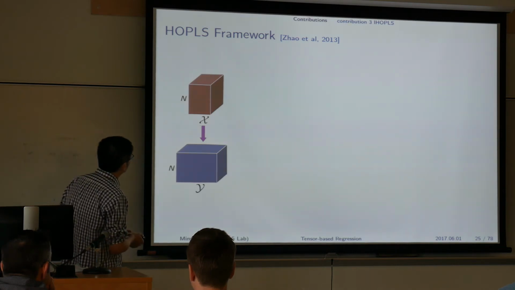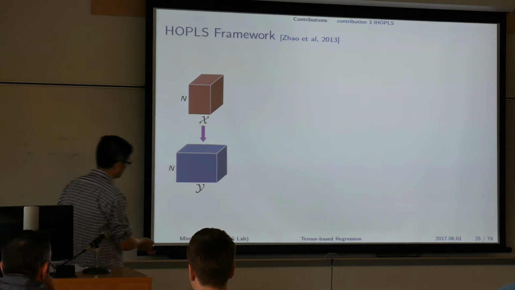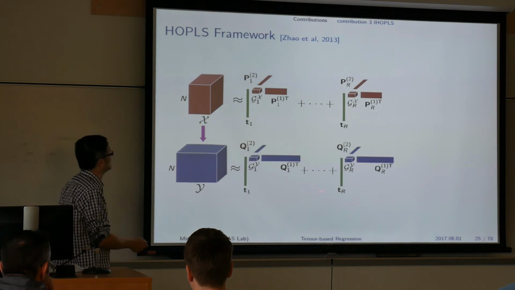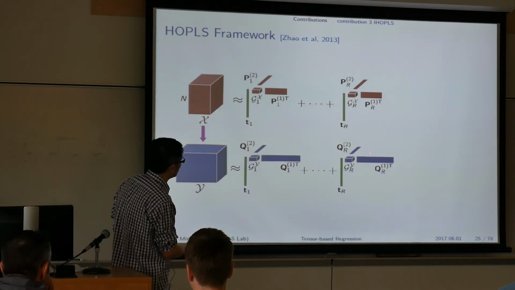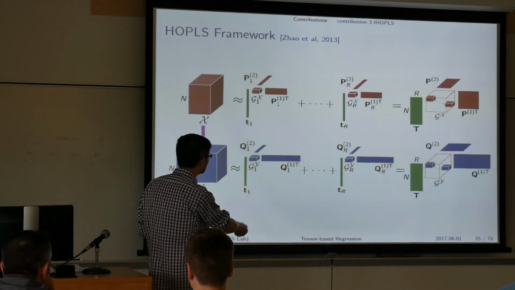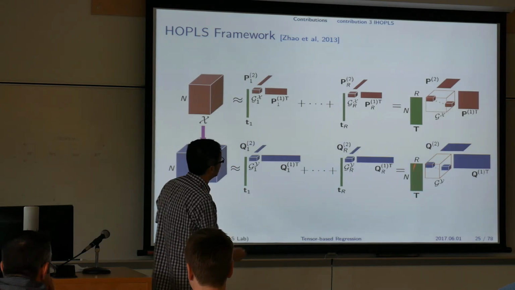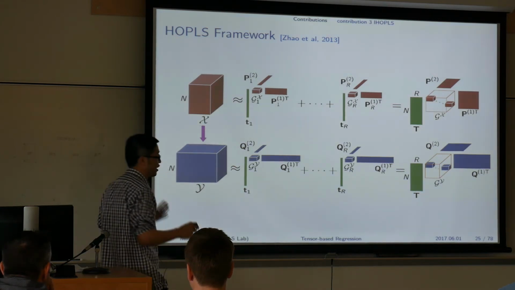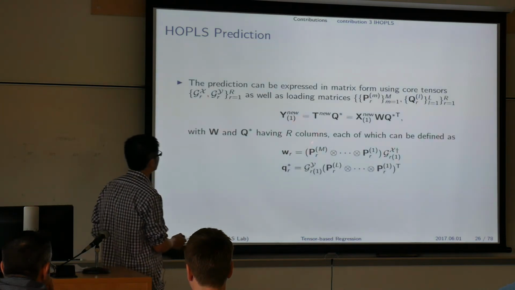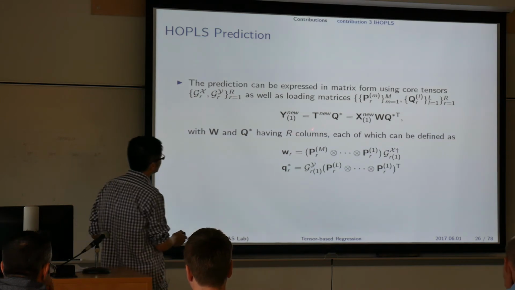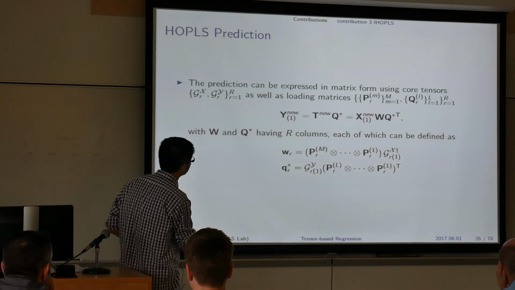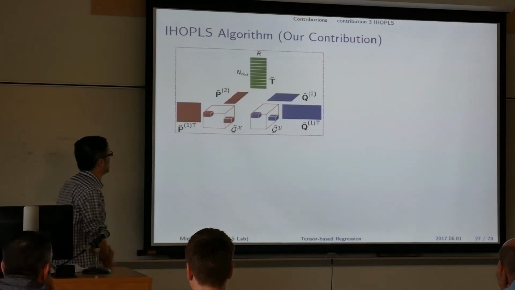Roughly speaking, given a pair of tensors, it decomposes them jointly into a sum of Tucker blocks, such that the extracted latent variables have the largest covariance between them. And for the prediction, we can notice that a new response can be predicted in terms of loadings and cotensors in this form.